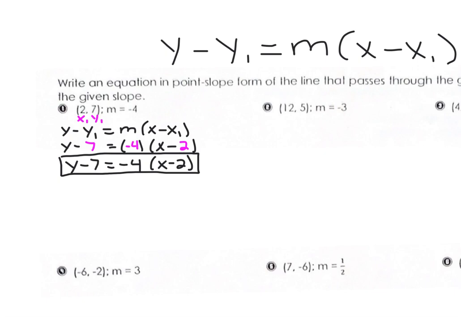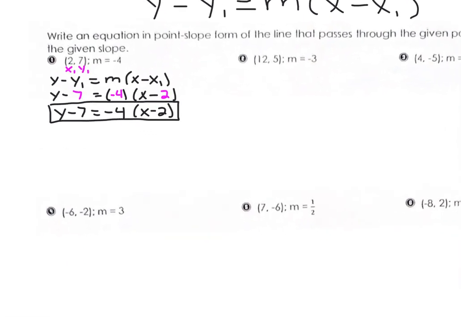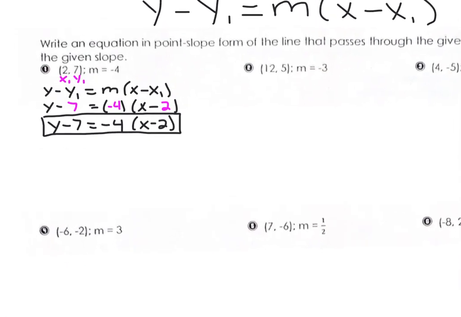Let's go ahead and jump down to number 4. Let's start by identifying our x1, y1, and our slope is 3. So again, we're just going to plug in our values. So we have y minus y1 equals m times the quantity of x minus x1. This is not a formula that will be given to us on our formula sheet.